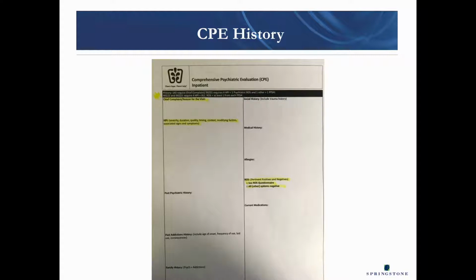So for instance, if you're billing a 99222 or a 99223, the middle or highest level inpatient evaluation codes, it says you need 4 HPI elements, meaning 4 of the severity, duration, quality, timing, etc. elements, all ROS, so you need a complete system review, and at least one element from each of past history, family history, and social history.